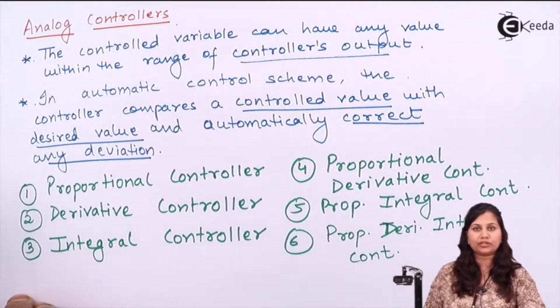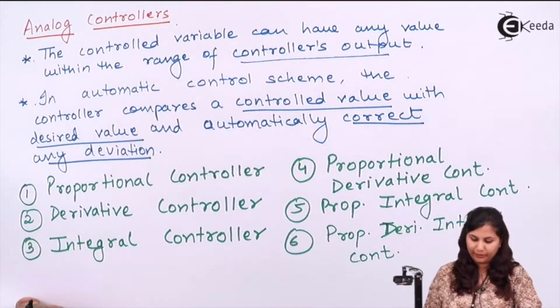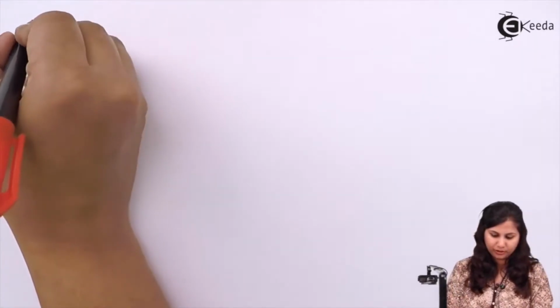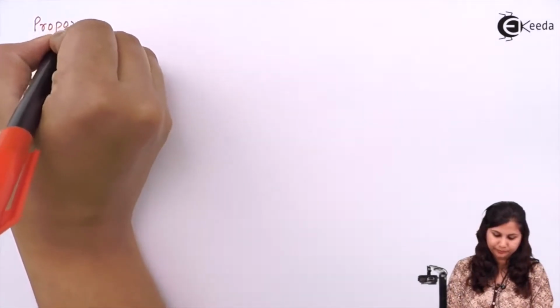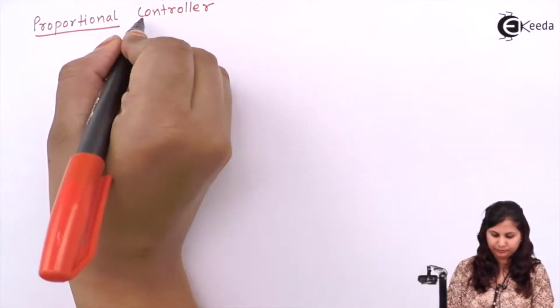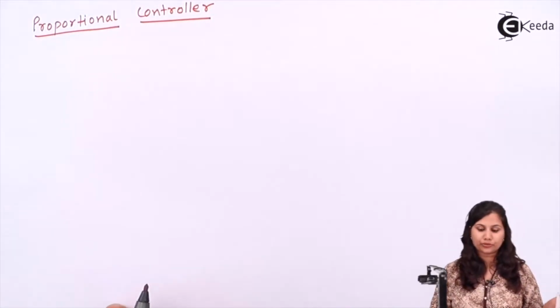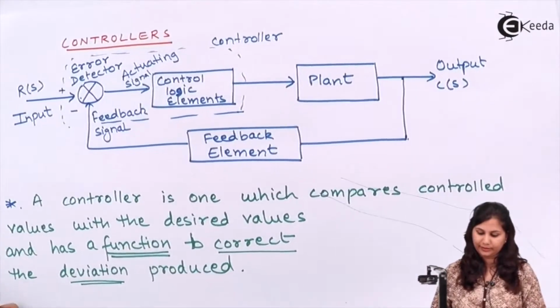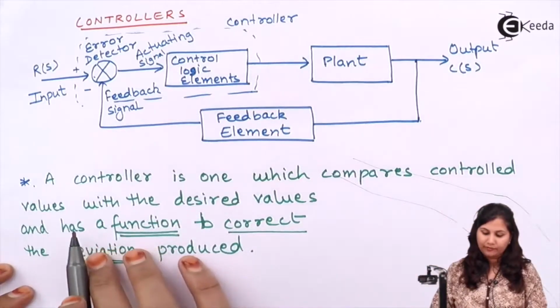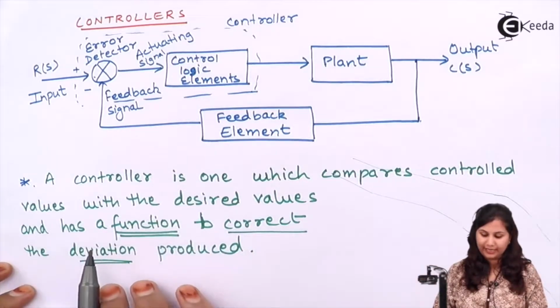Now we are going to study these controllers one by one. Let's start with the proportional controller. In the proportional controller, as we have seen in the block diagram, the controller compares the values with the desired values, and it has a function.